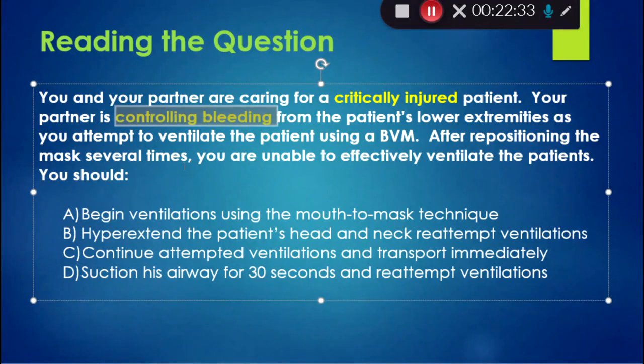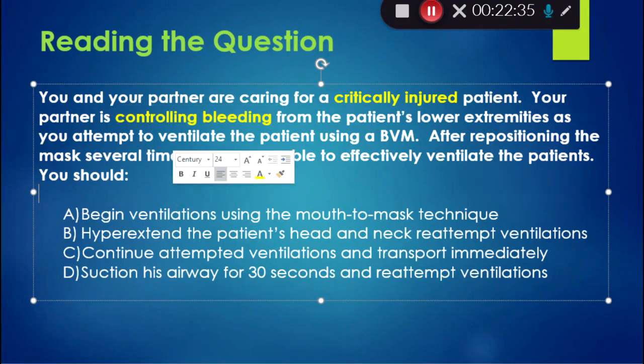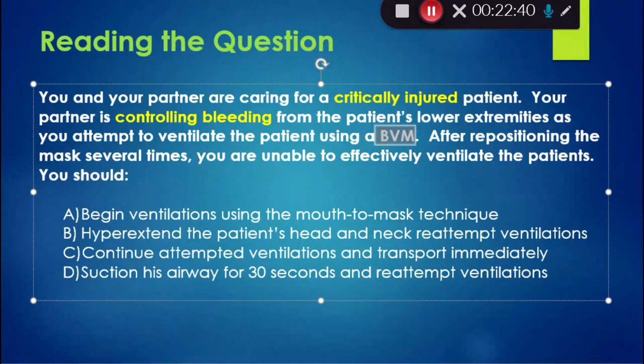As you attempt to ventilate the patient using a BVM. All right, the fact that we're even using a BVM is significant. Okay. After repositioning the mask several times, you're unable to effectively ventilate the patient. Unable to effectively ventilate is significant.